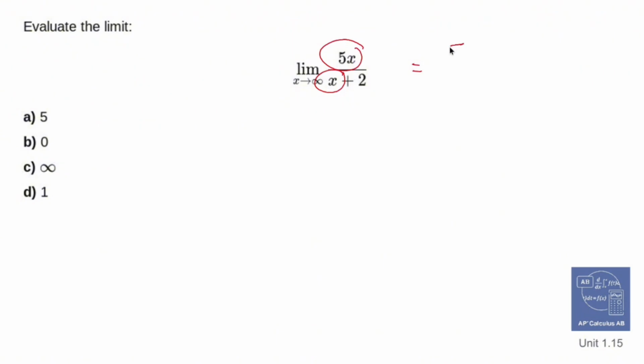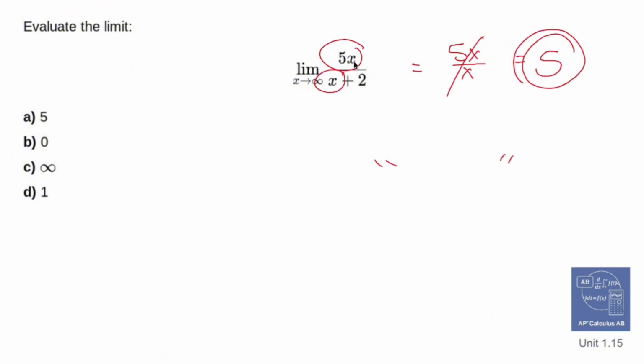I don't care about anything else. 5x over x crosses out, and you're left with 5. So now this is me air quoting plugging in infinity. Well, there's nothing to plug in if there's no longer an x. So since there's nothing to plug in, 5 is left over.